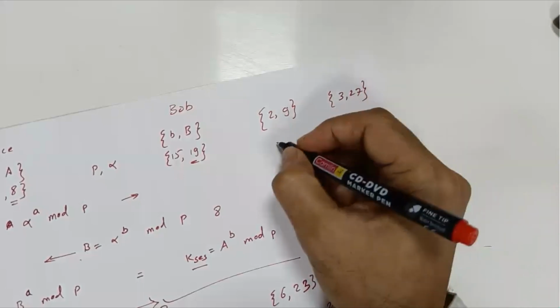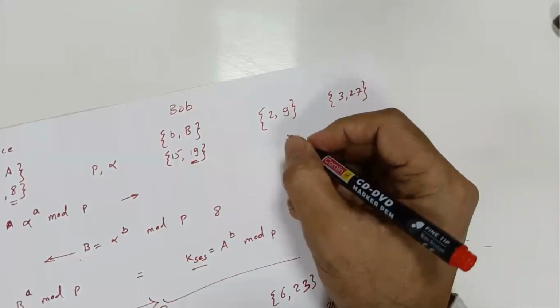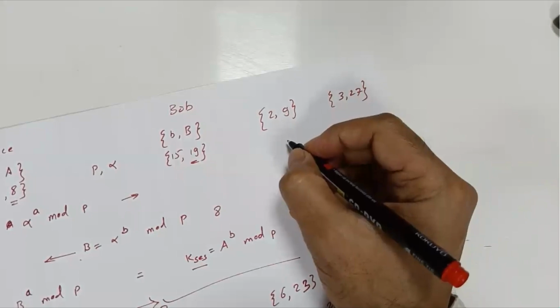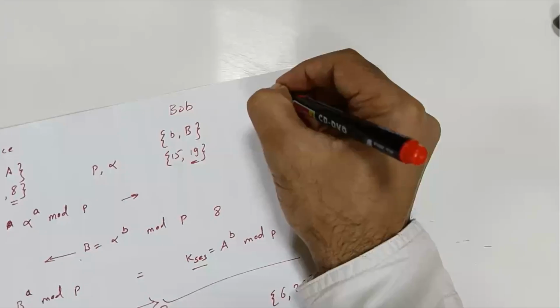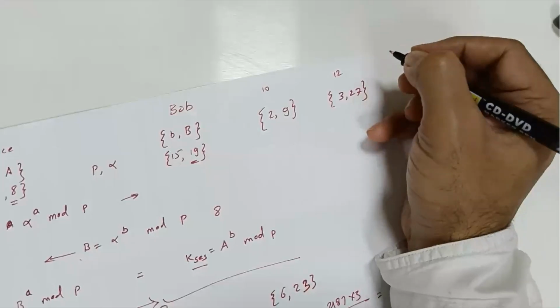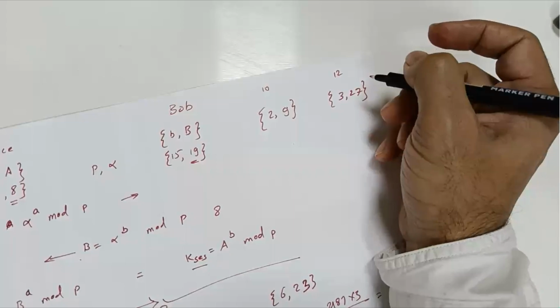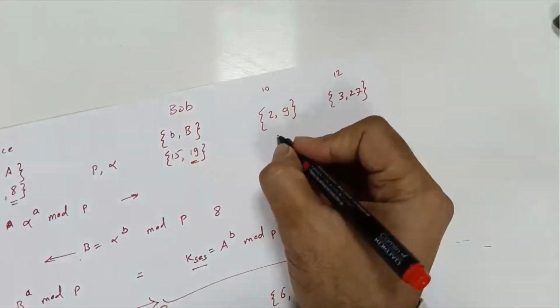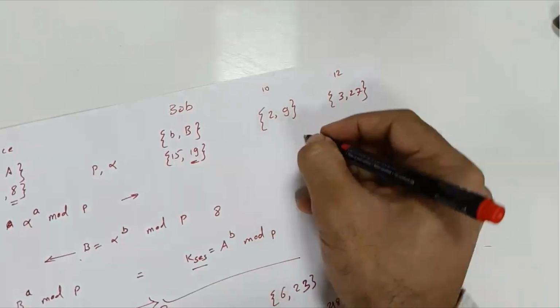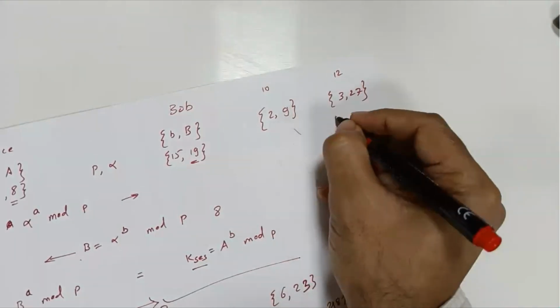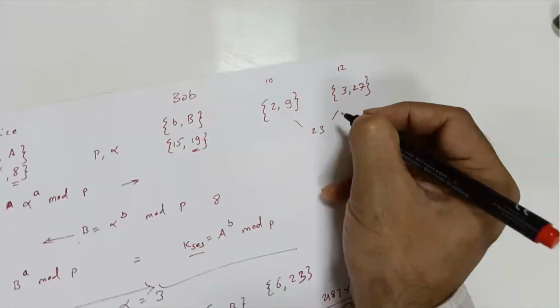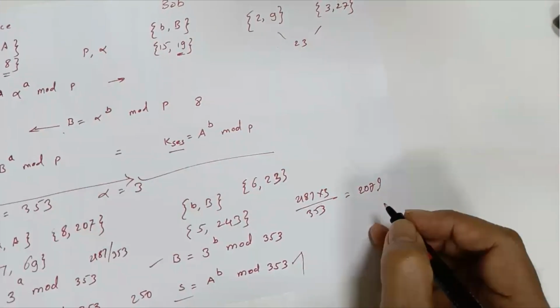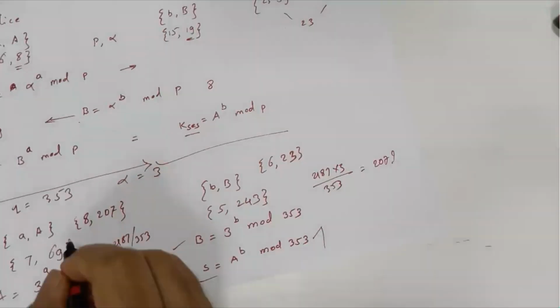And what is the session key you are getting? First, I tried with 10 and 12, but the calculation was too much. Okay, so I take one number, no problem. So what is the session key you're getting in this case? 23.